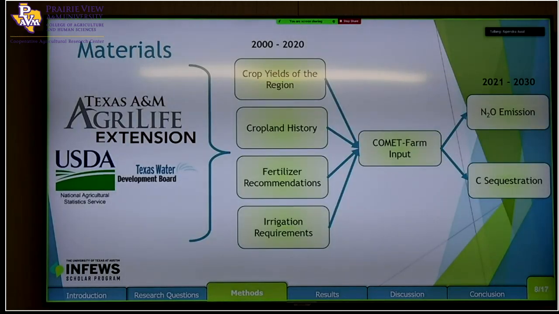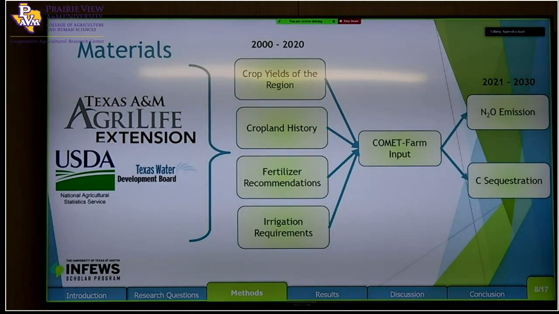This is kind of a schematic of what I went through these past 3 weeks to get to my results. I got all of my data from manuals and recommendations from Texas A&M AgriLife Extension, which has a lab down there, does a lot of experiments, and publishes really easily accessible information for farmers in that region, which is really cool.